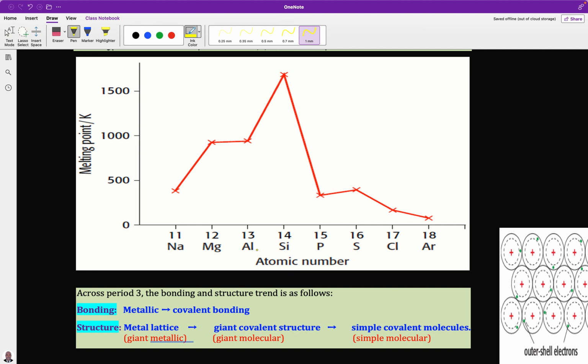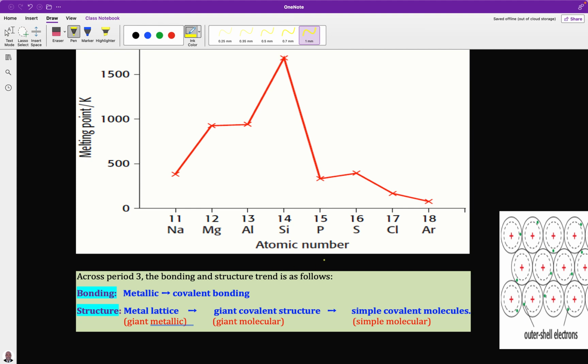Now we go to after silicon, from phosphorus to argon. Why does the melting point increase to sulfur, then drop down again?